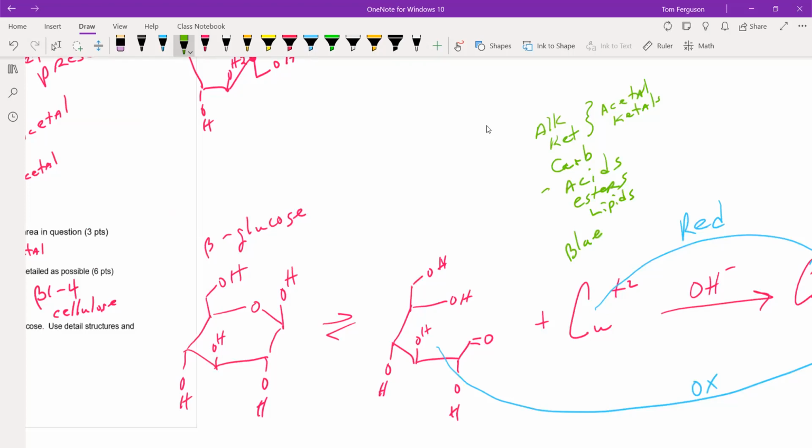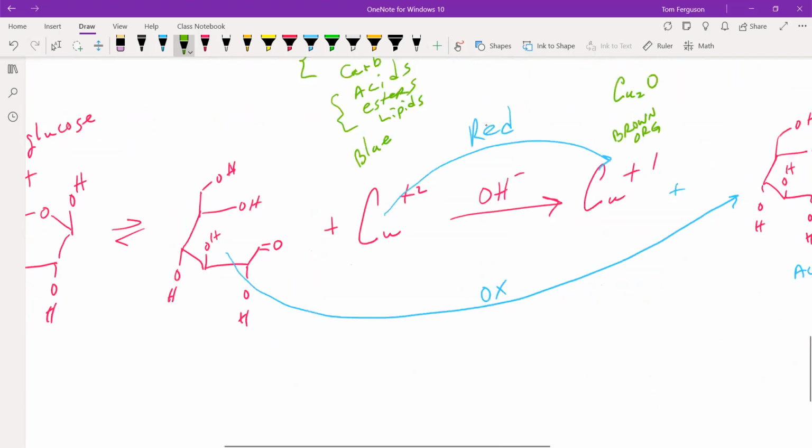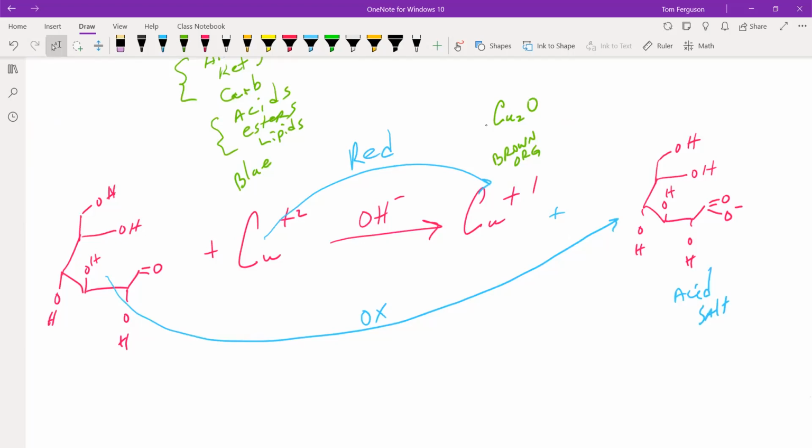So we haven't talked at all about acids yet, other than this reaction here. So acids can react with alcohols to form esters, and that's the basis of lipids. Okay, are there any questions about this reaction?